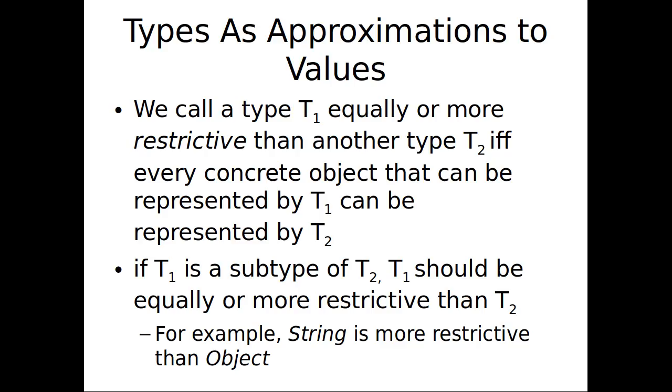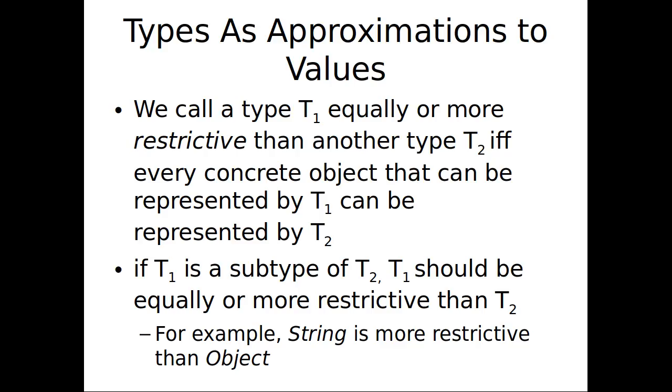So if T1 is a subtype of T2, so if we have A as a subtype of B, so T1 here is A and T2 is B, then T1 should be equally or more restrictive than T2 in terms of the arguments it can take.